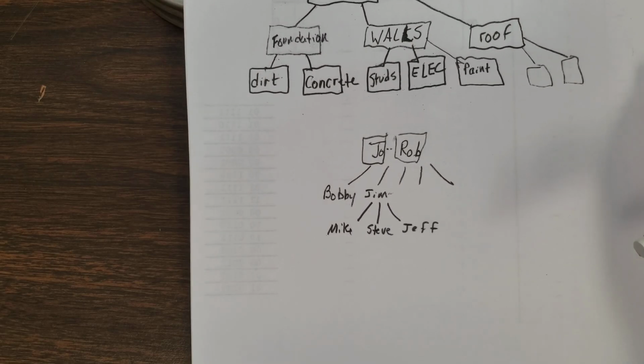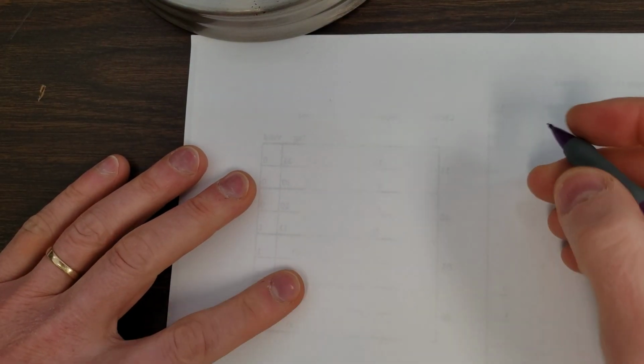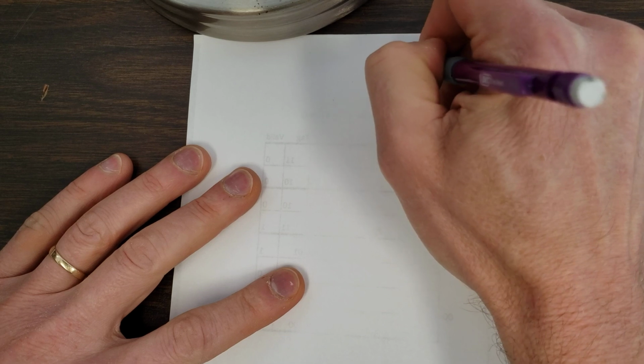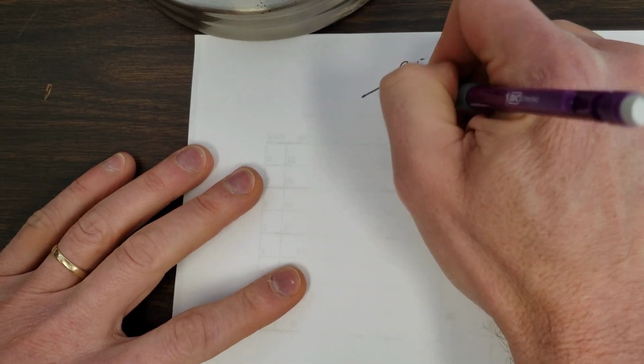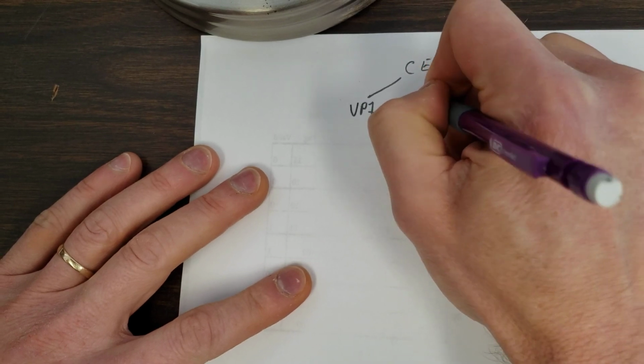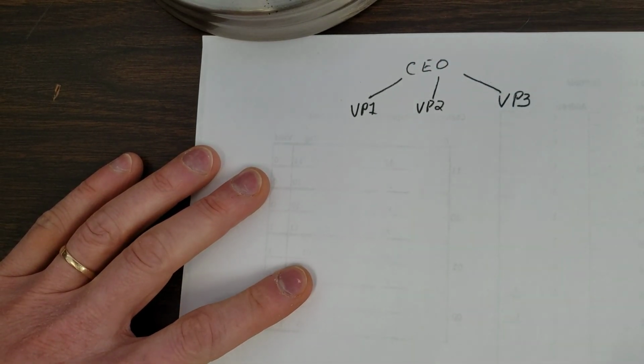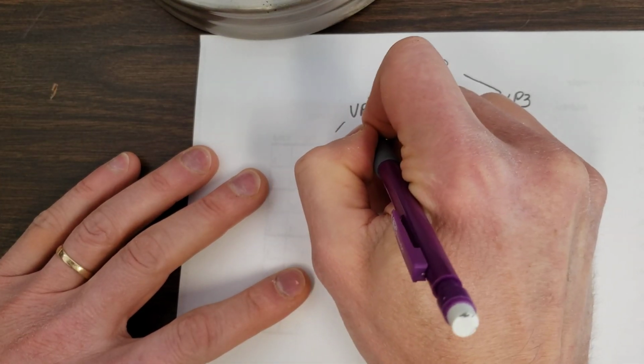What else would we have? Well, certainly an org chart. We call it an org chart, but an org chart is actually a tree. So you have something like the CEO, and then you've got your VPs. And then you've got your directors.